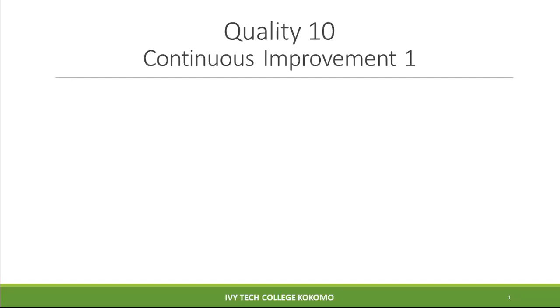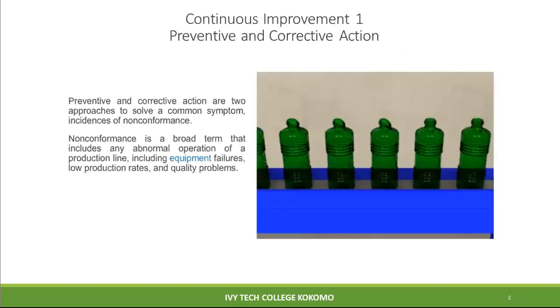Okay, today we're going to finish up our continuous improvement talk and talk about preventive and corrective actions. Those are things that we do based on nonconformance or nonconformity or abnormality or defects or low production rate, quality issues, or whatever.